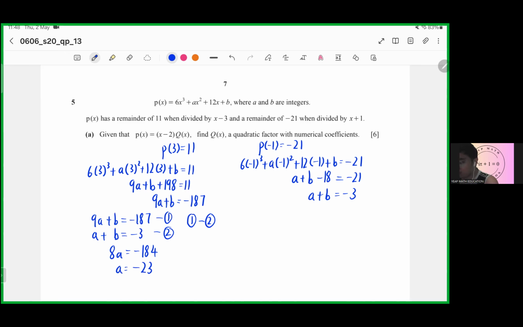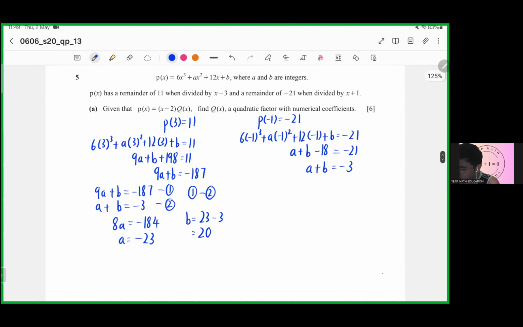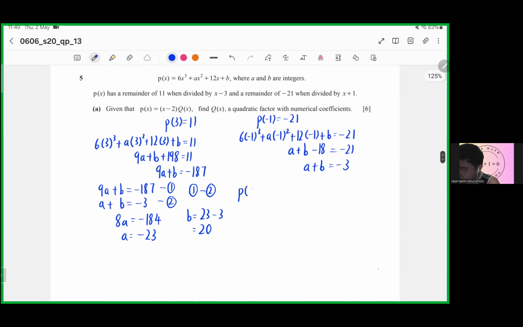Now we find the value of b. 23 minus 3 equals 20. So now the equation for p(x) equals 6x to the power of 3 minus 23x squared plus 12x plus 20.